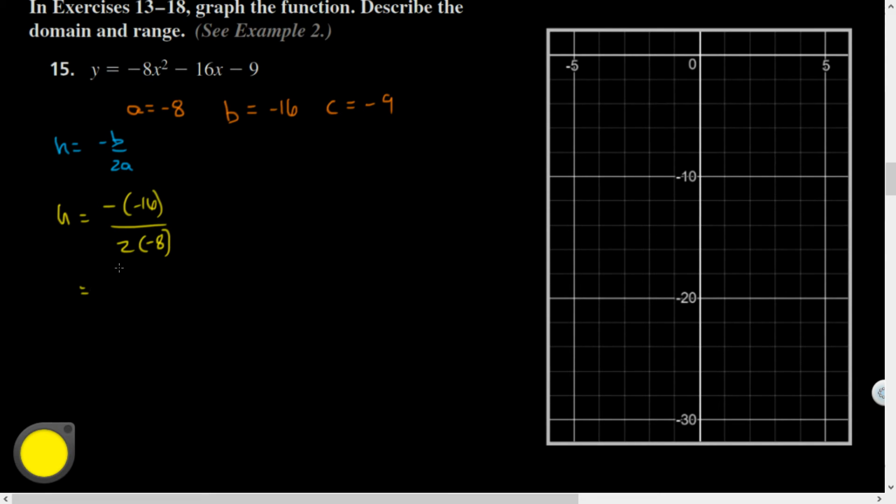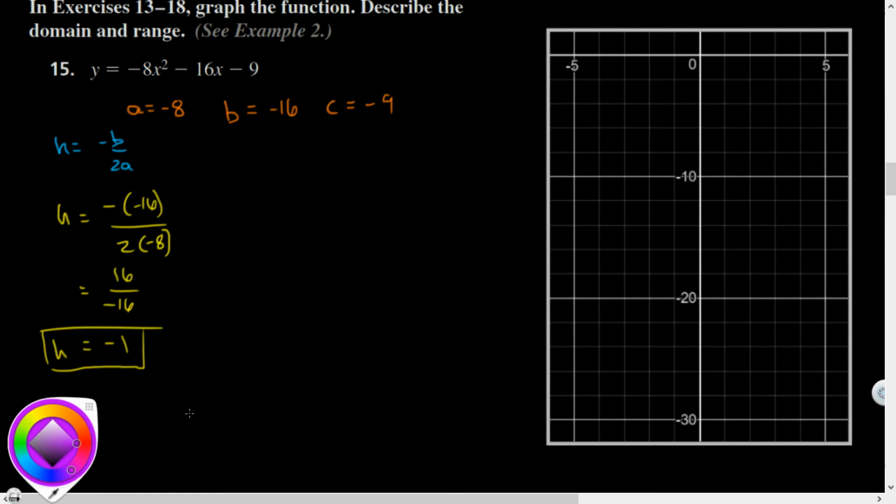That's going to be positive 16 divided by negative 16. And I'm going to get h is equal to -1. So, even with that information, I can technically figure out the axis of symmetry is x equals -1.